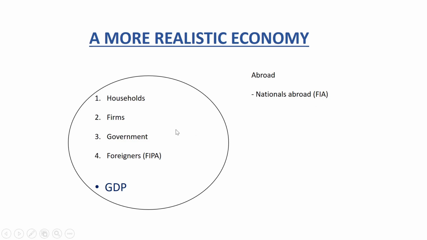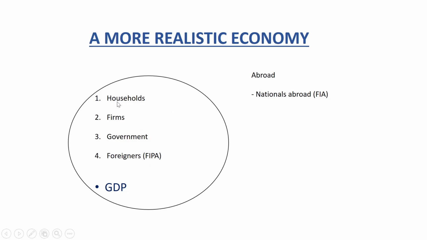Now, we have an important term, GDP. When we talk about GDP, we are only concentrating on economic activities that go on within the borders of our country. So domestic means within the borders of our country.